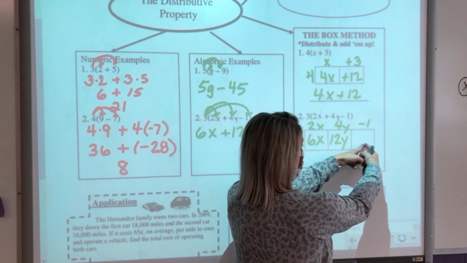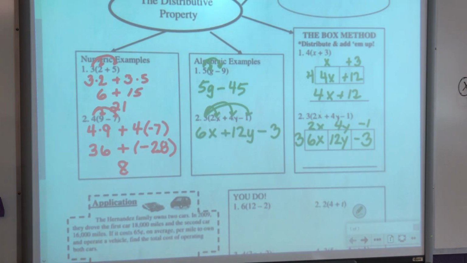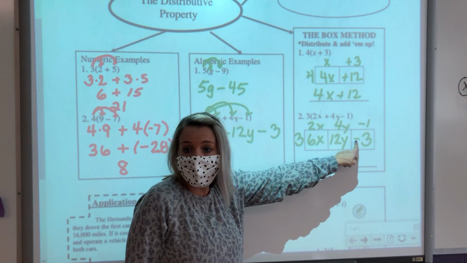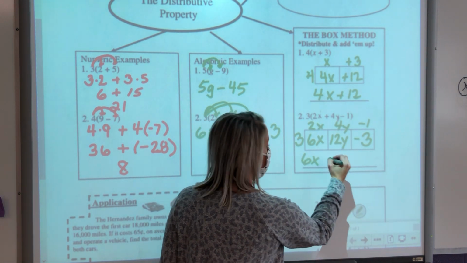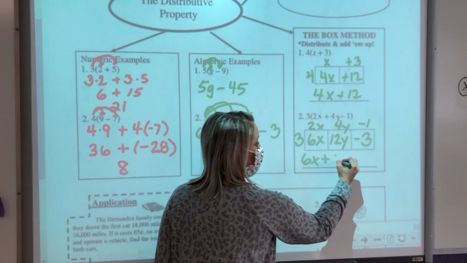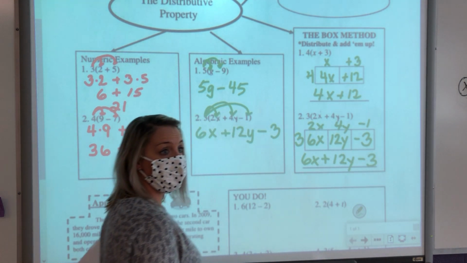And then 3 times negative 1 is negative 3. So now if they're positive numbers, what goes in between our terms? Positive signs, or addition signs, right? If it's a negative, we just use a subtraction sign. So 6x, 12y is positive, so we're going to put a plus sign, 12y, and then 3 is negative, so we're going to subtract 3.